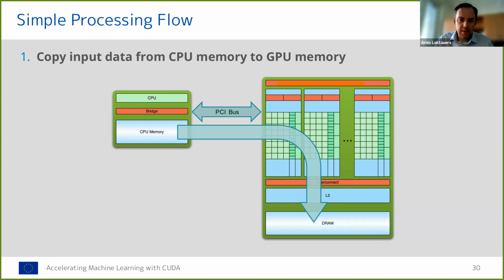So CUDA can normally work only with the data available on the GPU side, probably a video card. Of course, it is initially video card memory, or in other words, global memory. So the first step always is to copy input data from the CPU side to the GPU side.